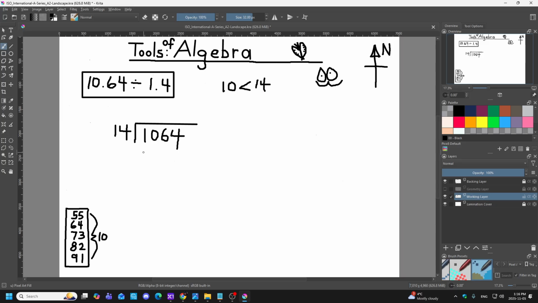So therefore, we have to subtract from 106 instead. We're just looking at it as 106. We know it's a larger number, but that's okay. We want to get to the point where we're subtracting some value underneath 106. 14 is way too low.